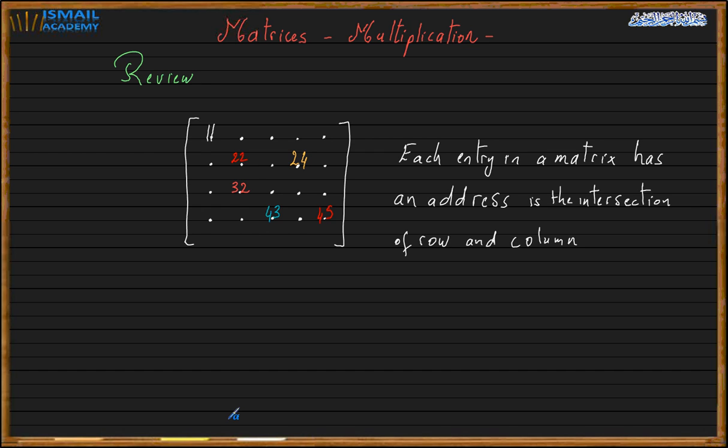The second concept involves multiplication. We are going to learn how to multiply a row with a column.